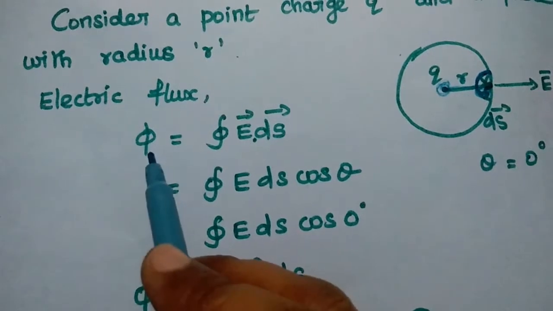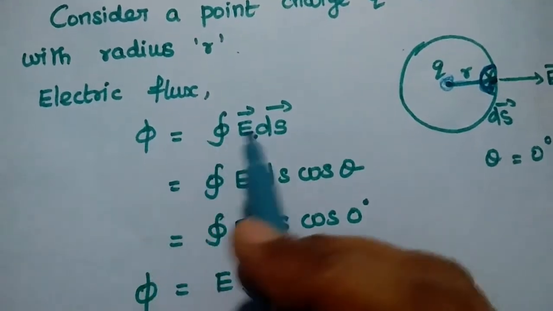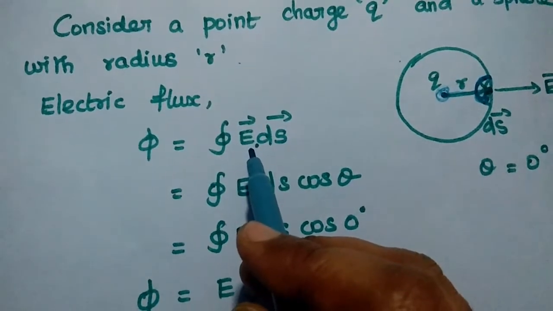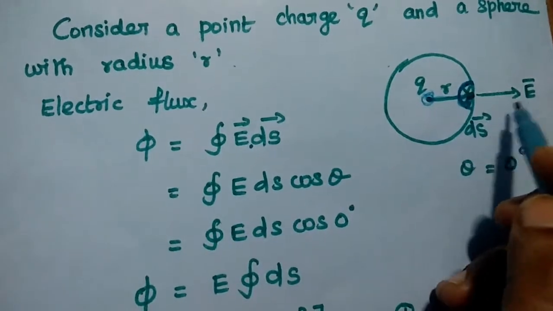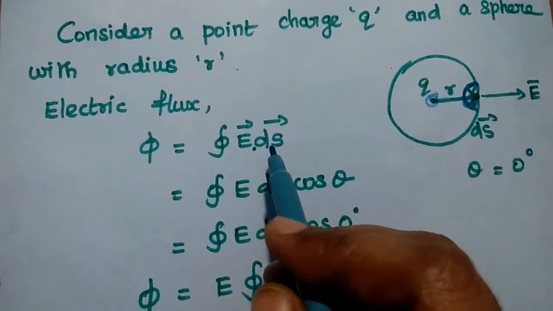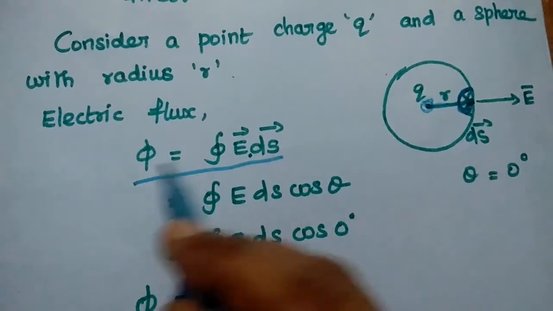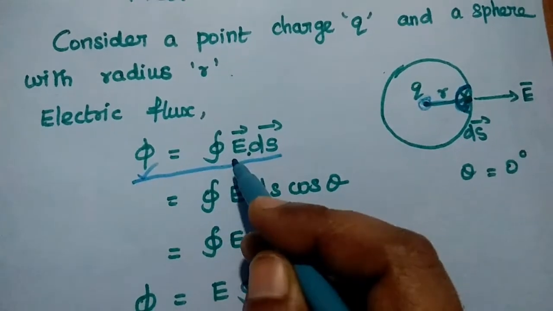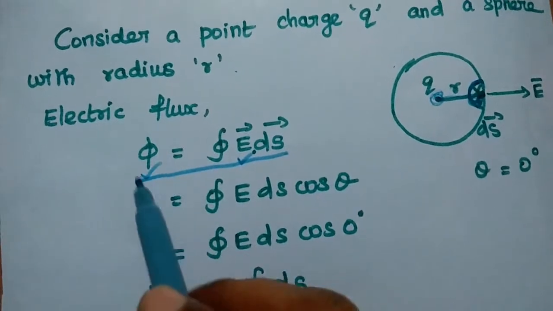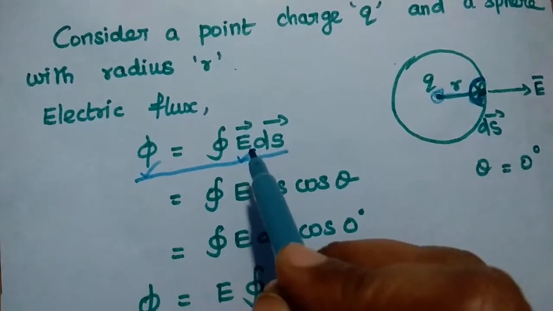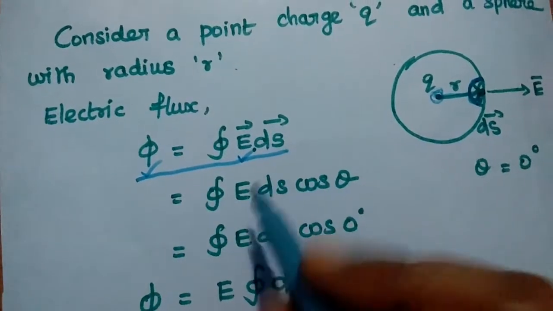The electric flux phi is equal to the surface integral of the electric field intensity. This is a very fundamental relationship between electric flux and field intensity. So phi is equal to the integral of E dot ds.